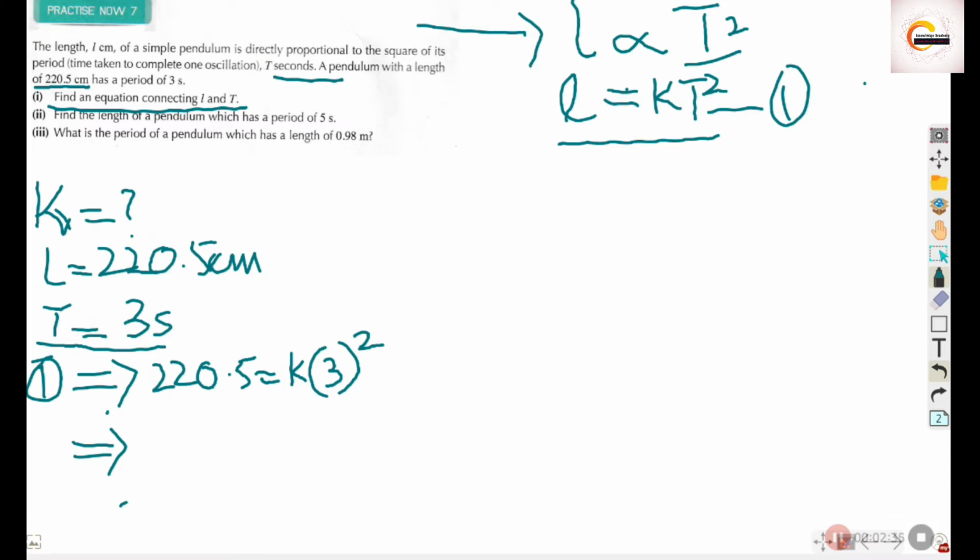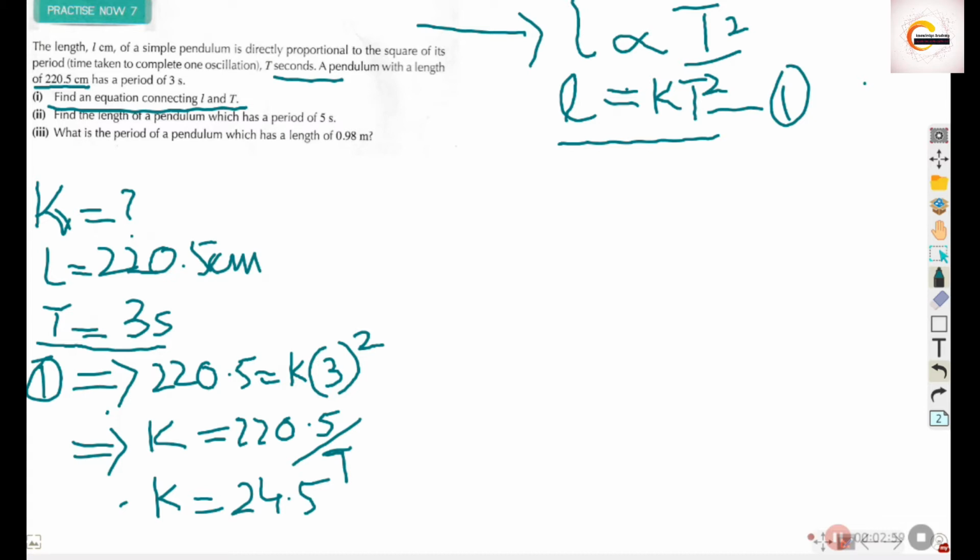So K is equals to 220.5 divided by 9, and the value of K is 24.5.